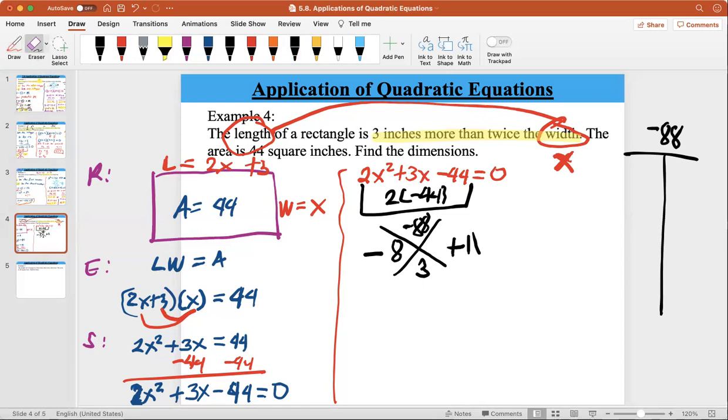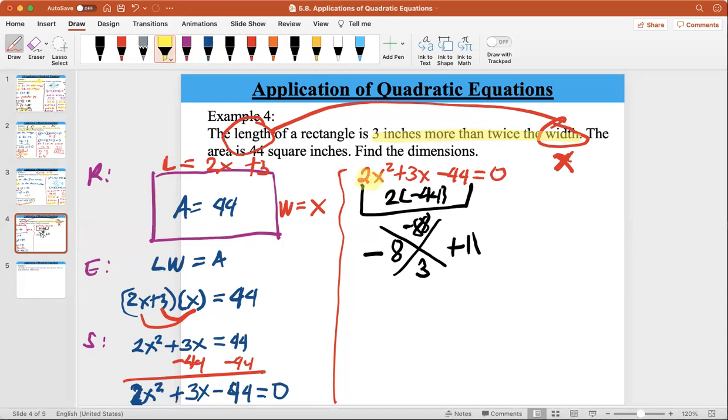Then this one is of no use anymore. That's the optional step. Can we write x minus 8, x plus 11? No, why? There's a 2. So what shall we write? 2x minus 8 and 2x plus 11.